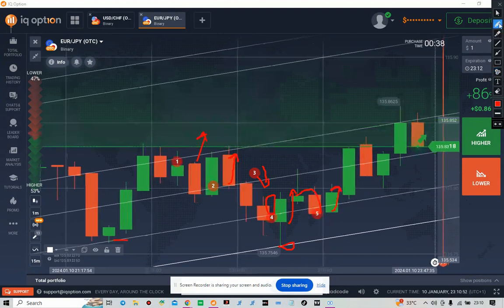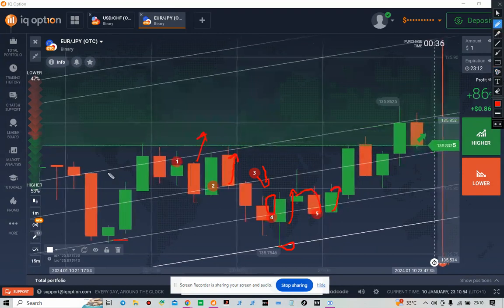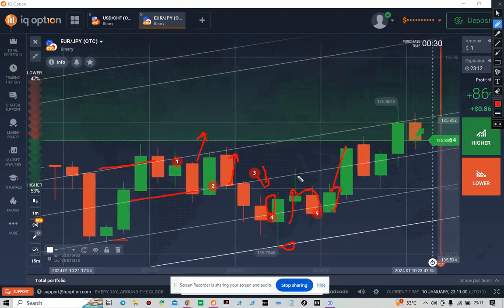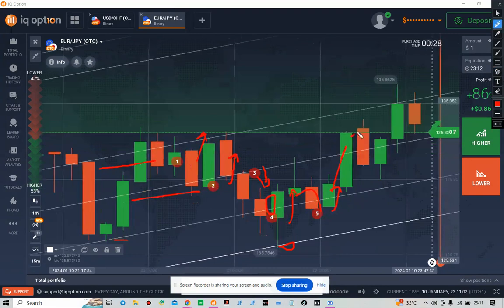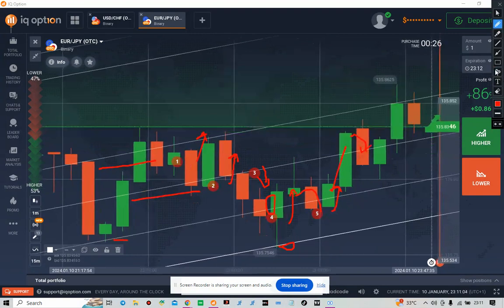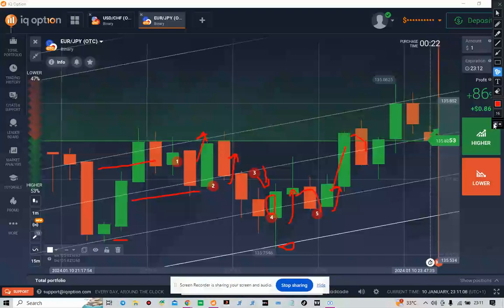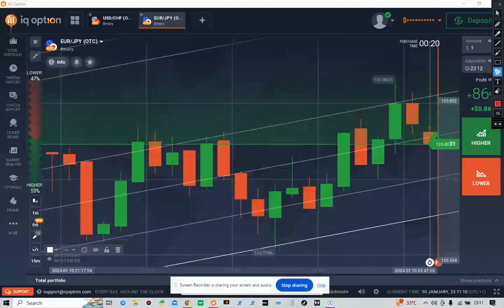Now I'm using this first line, second line. Once the price closes between the two lines, I'm expecting a reversal. So I'm having 6 trades in total. With 6 trades, I was able to accomplish something. I have already taken 6 trades here.